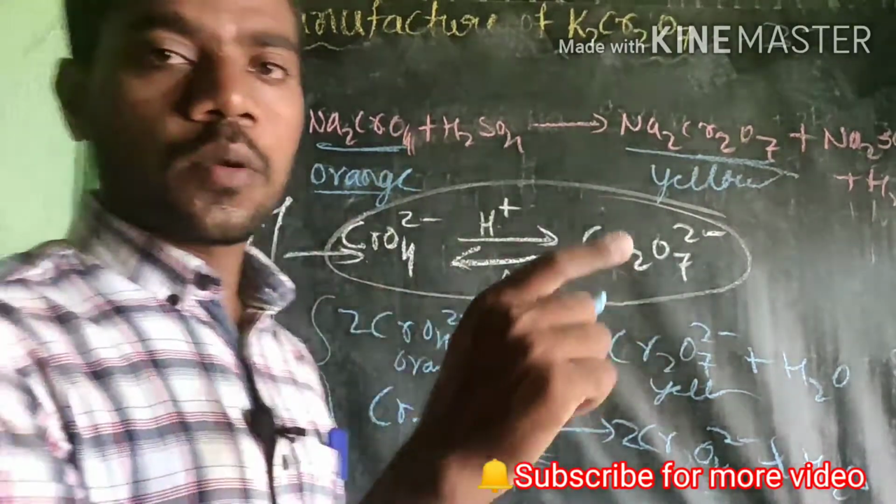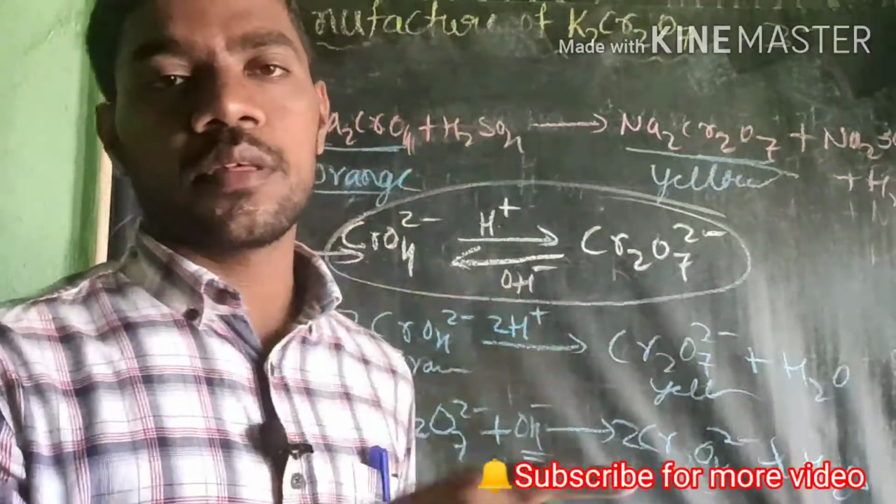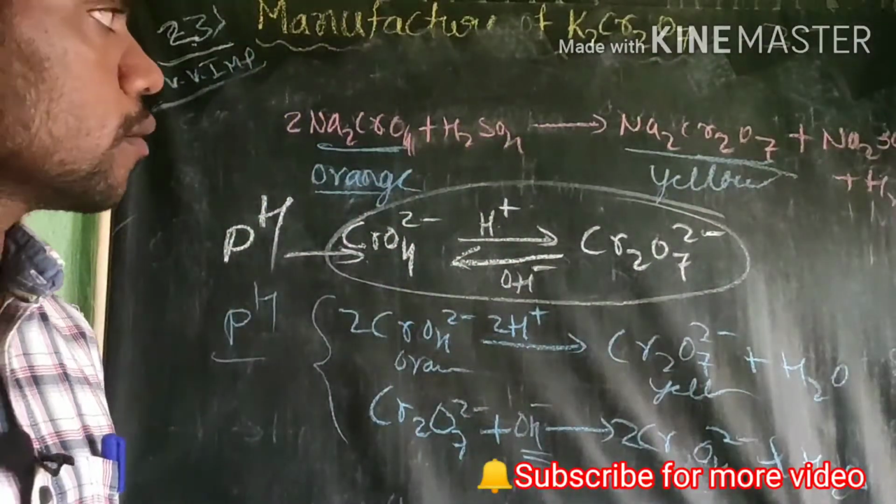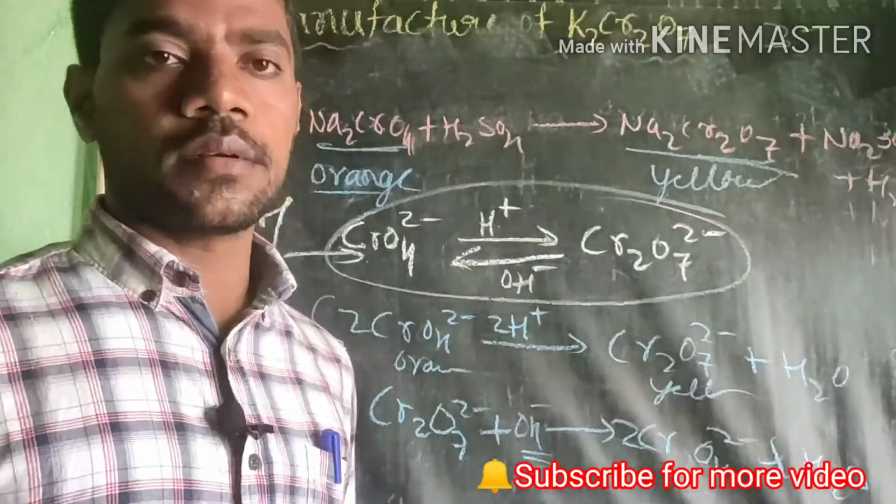Therefore, chromate to dichromate and dichromate to chromate conversion depends upon the pH of a solution. Okay, this is very important, dear students.